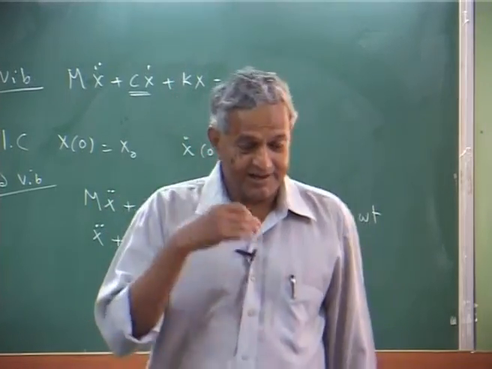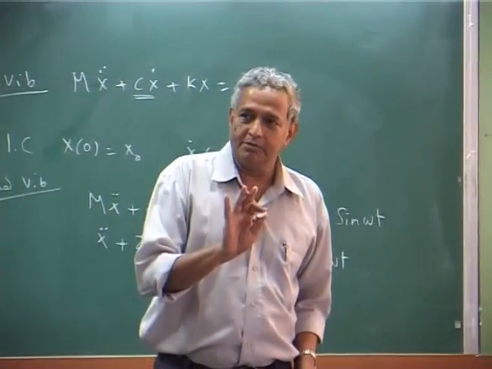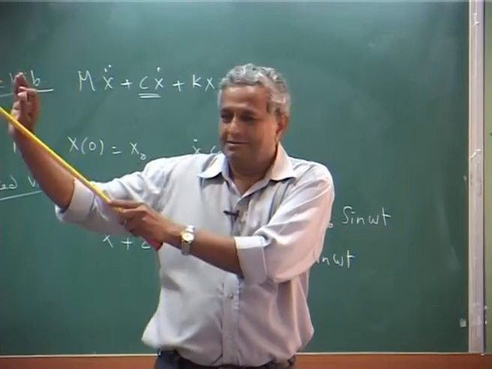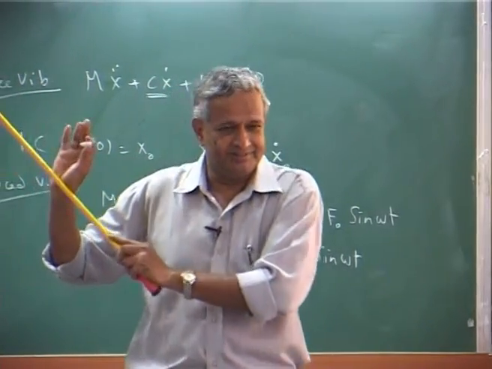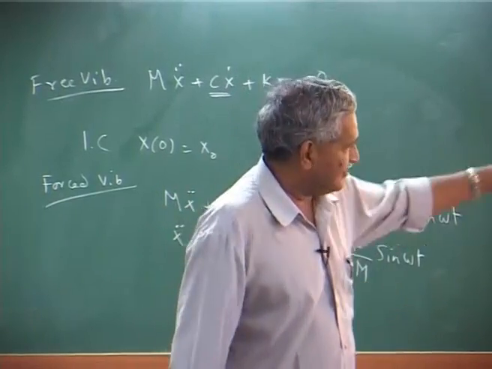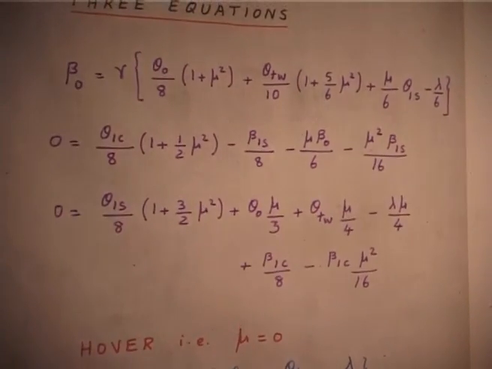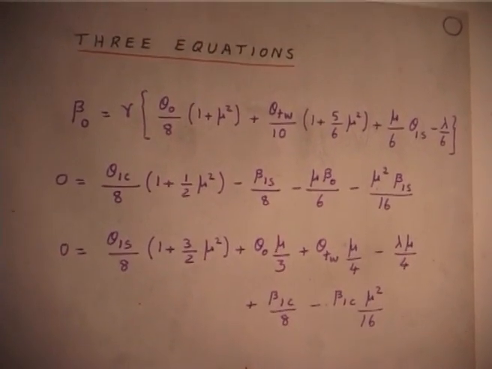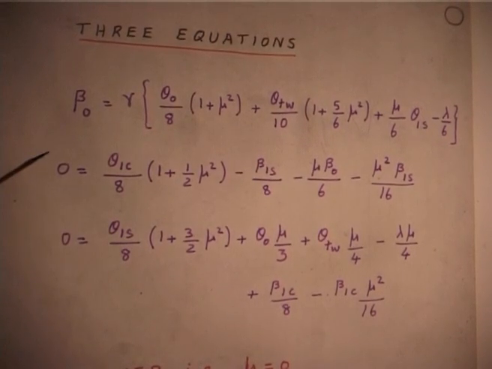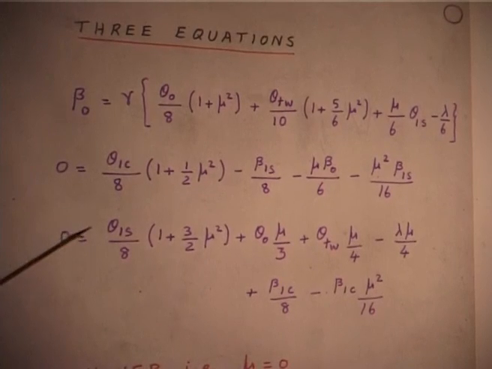You follow, because why I said is, if you treat flap equation alone as an independent equation without bothering about the helicopter, then if I want the response, I have to know all these quantities. Then you may ask, who gives me my lambda? Okay, lambda should be known before you come to solving these three equations.